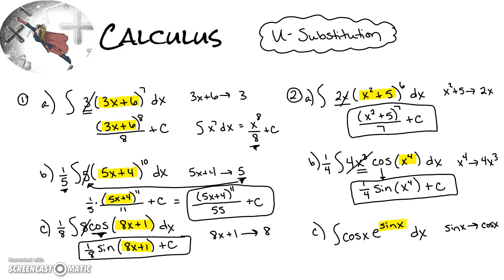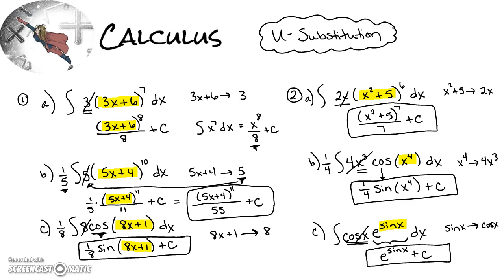Now that's great because there's a cosine sitting right here. So we get to ignore that, and we get to take the antiderivative of just the outer e. Now e is nice because the antiderivative is just the same e again. So it's just e to the sine of x, and then plus c. And that would be that answer.